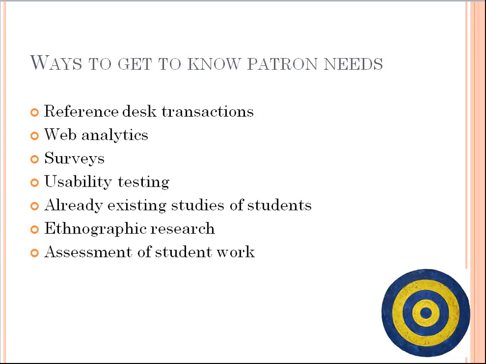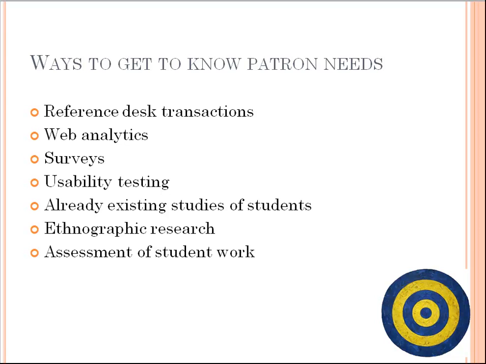Obviously, you get already existing studies of students either at your institution or general ones. You can never totally generalize. Looking at a study from EDUCAUSE or something on how students do research, your student population may be different, but it gives you something on which to go. Ethnographic research, which I'm going to talk about in just a second, and also assessment of student work.